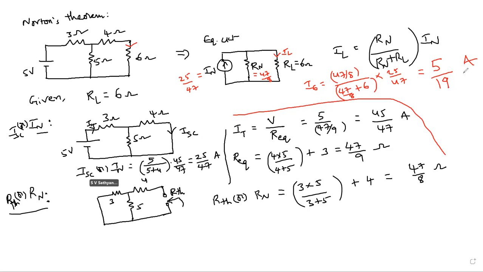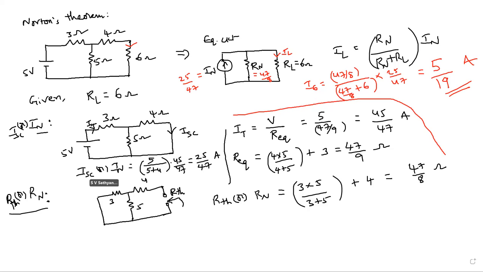Good. Very good. Now it should be clearly understood how to solve by using Norton's theorem. Only the thing is here you need to remember the procedure to solve the given numerical. For Thevenin's we need to go with VTH.